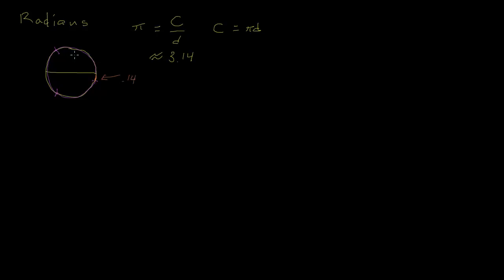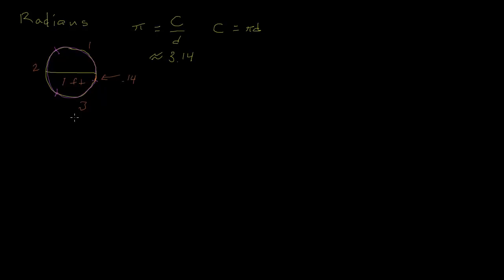It's a little over 3 diameters. If we wrap that around the circle, that gives us the circumference. So if I have a diameter, say, of 1 foot, then the circumference is about 3.1 feet.